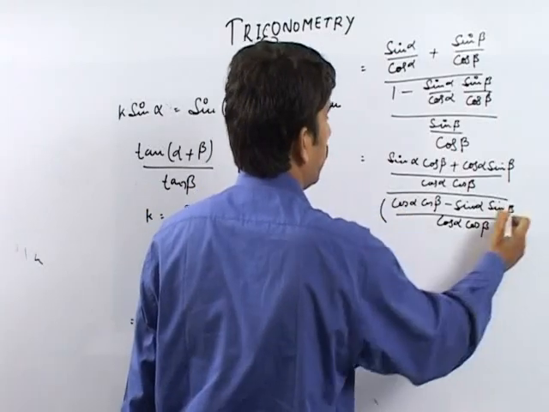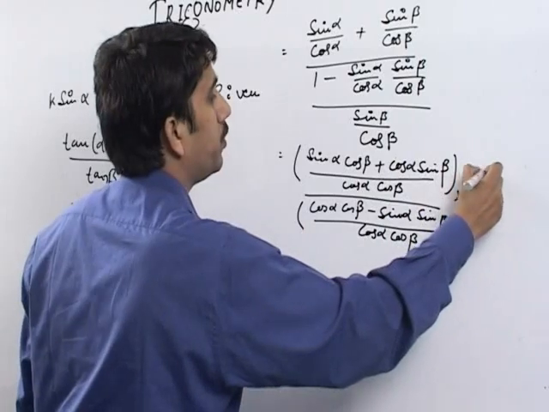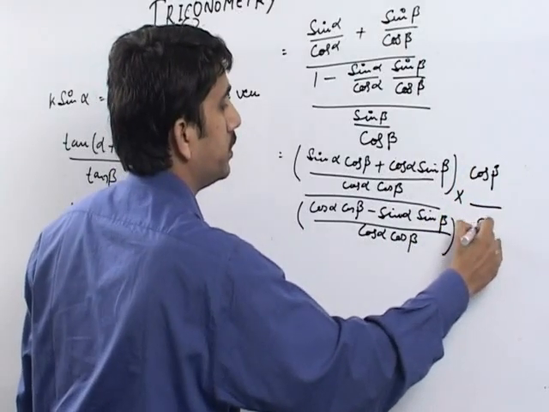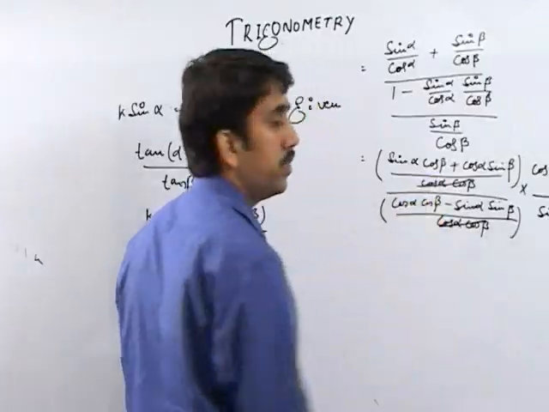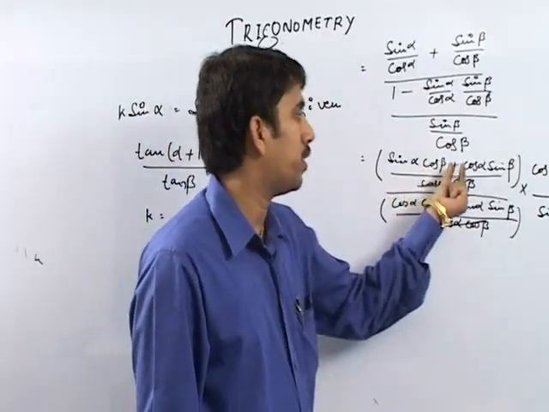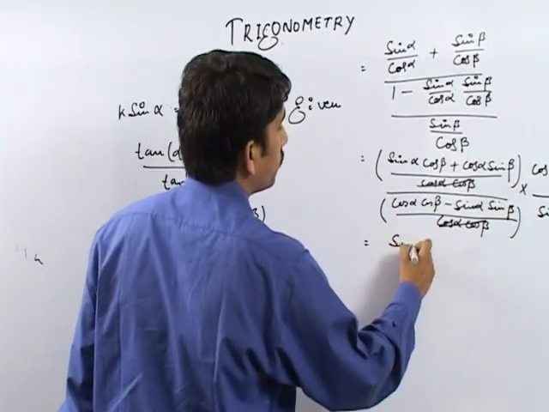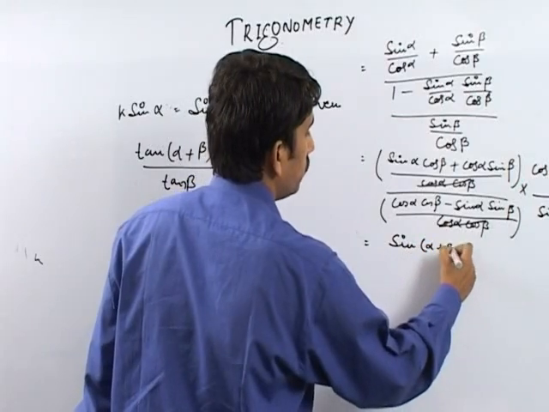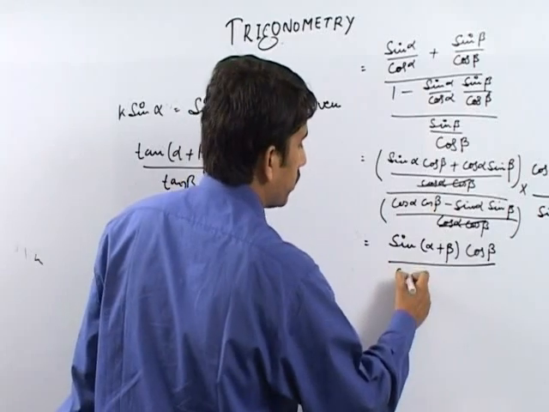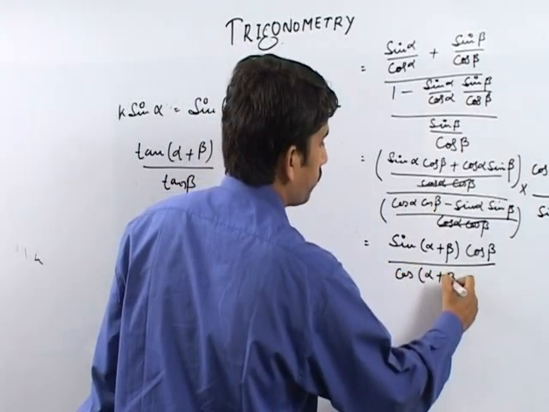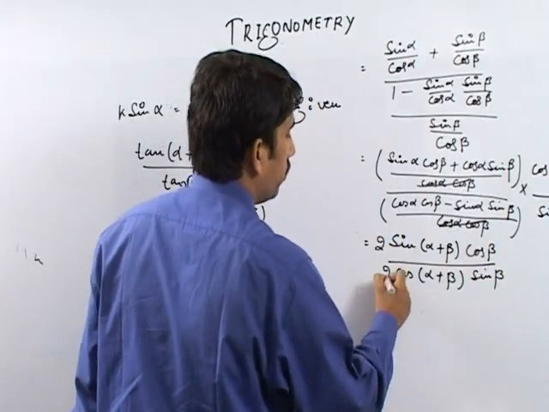This is into cos beta over sin beta. This will be cancelled out and this will be sin alpha cos beta plus cos alpha sin beta, which is equal to sin of alpha plus beta, into cos beta over cos alpha plus beta into sin beta. Now multiply and divide by 2.